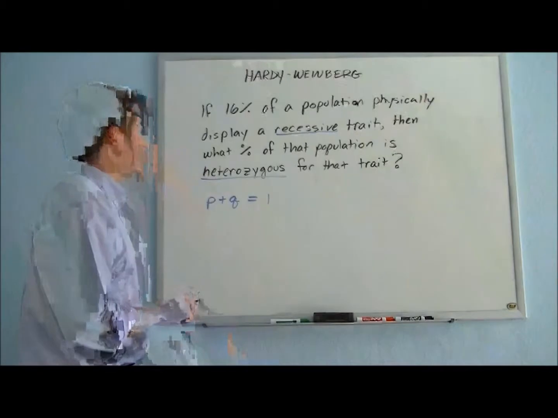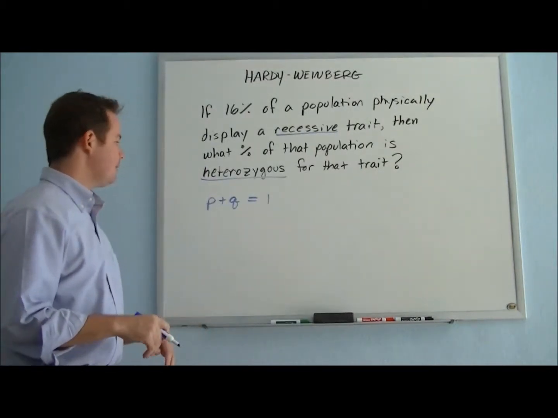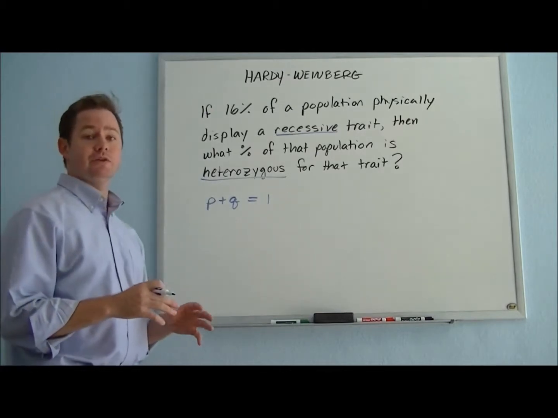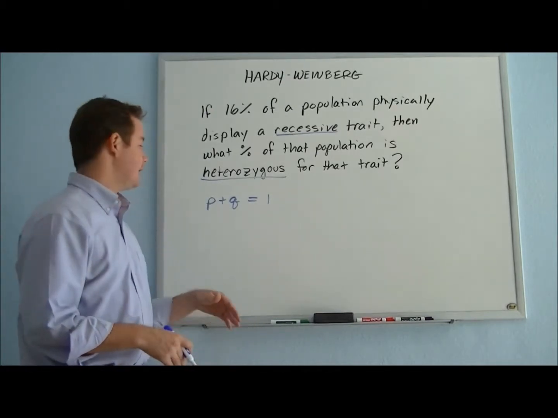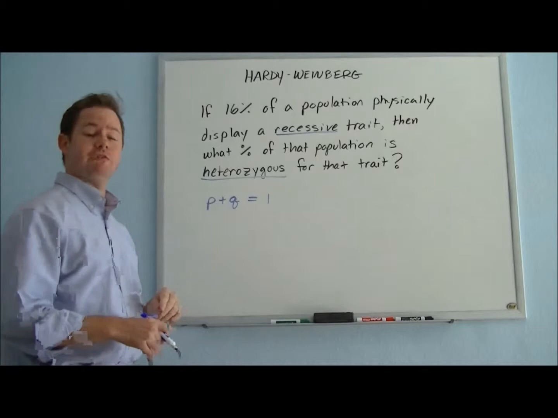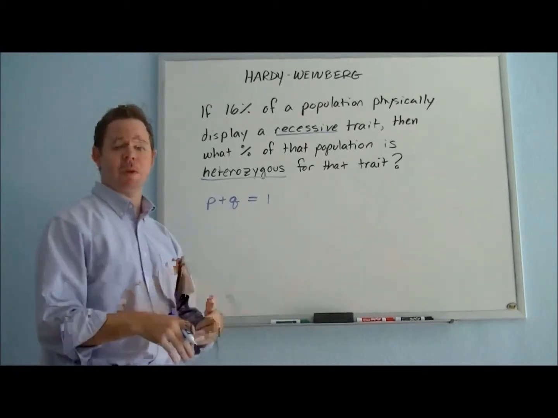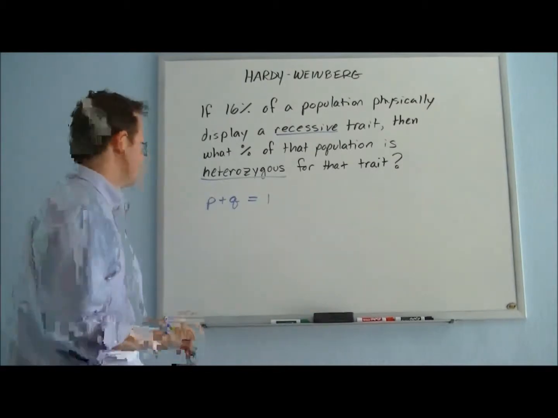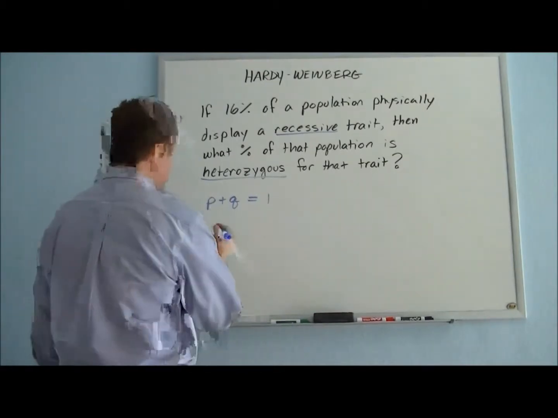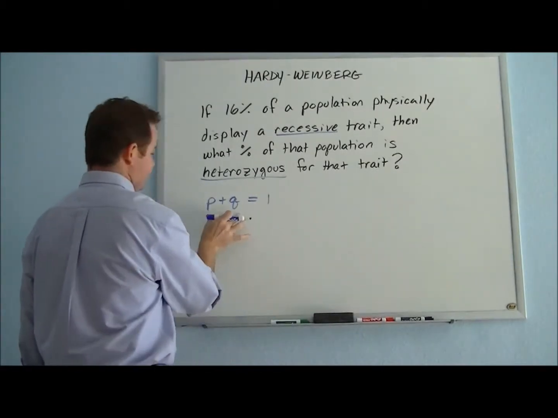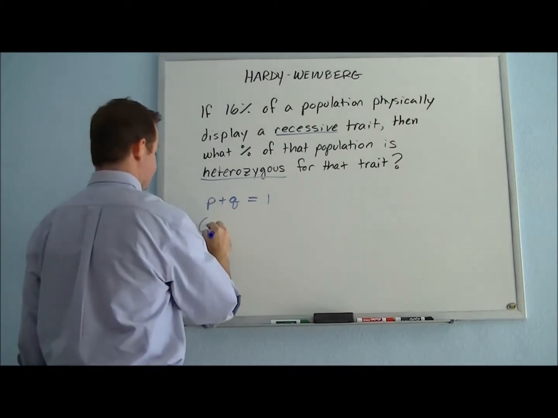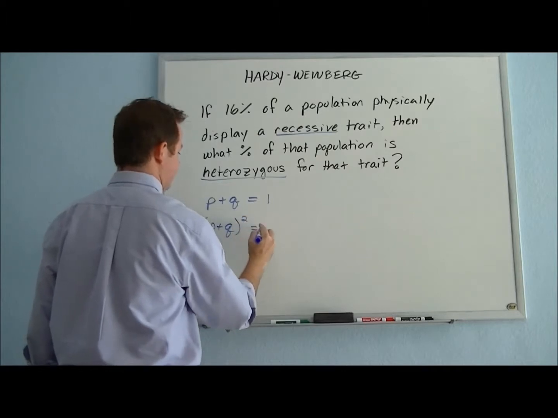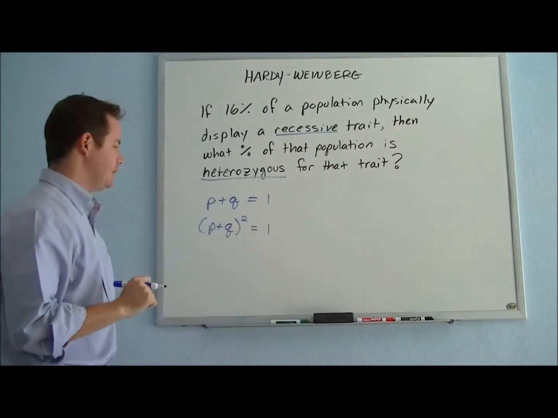Each gene that we have, for it to be expressed, and each trait, is going to have two alleles that code for that. There's a dominant and recessive allele, and we have to look at what combinations, whether you get one dominant, one recessive, both recessive, etc. So the second Hardy-Weinberg equation is if you take this expression, P plus Q, and square it, it's still going to be equal to 1.